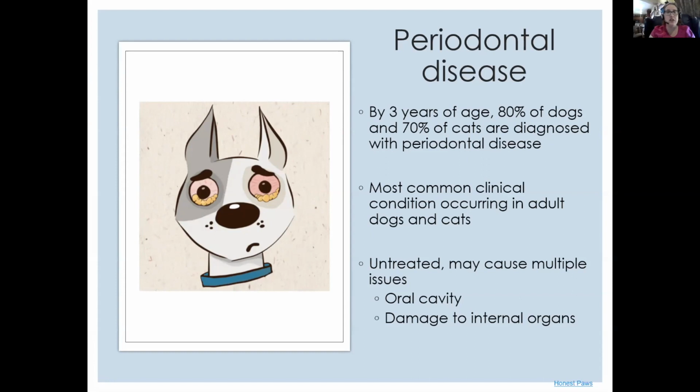If left untreated, we can see multiple issues, and these are related to the oral cavity, such as loss of the teeth, pain, infection. We can see oral masses that may be caused by some irritation in the mouth that is also caused by periodontal disease. And then we can also see some damage to the internal organs.